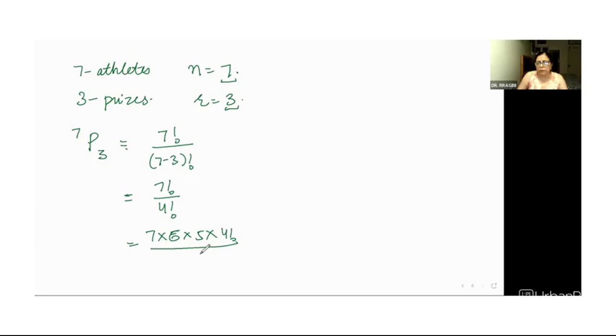Like here you have 4 factorial, I stopped because I have 4 factorial in the denominator. I can reduce this fraction. That means the total number of ways is 7 times 6 is 42 times 5 is 210. Right? So those 3 prizes can be given in 210 different ways.